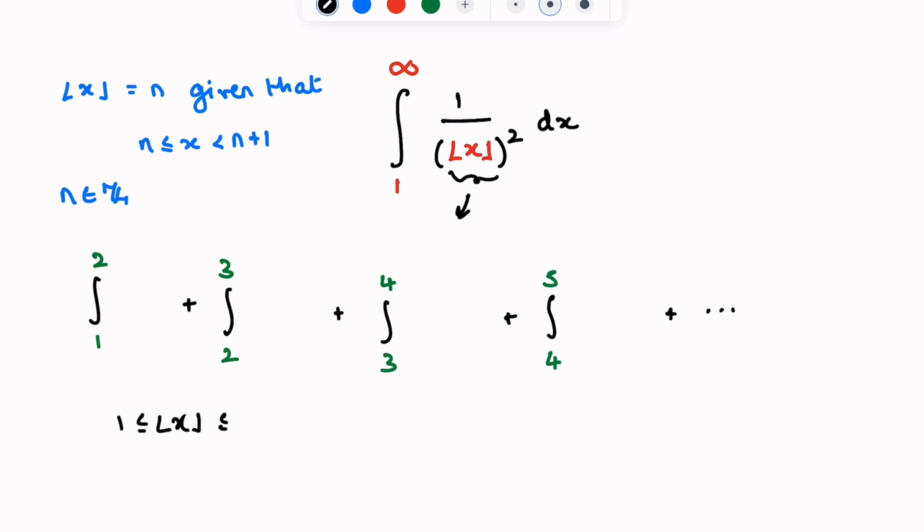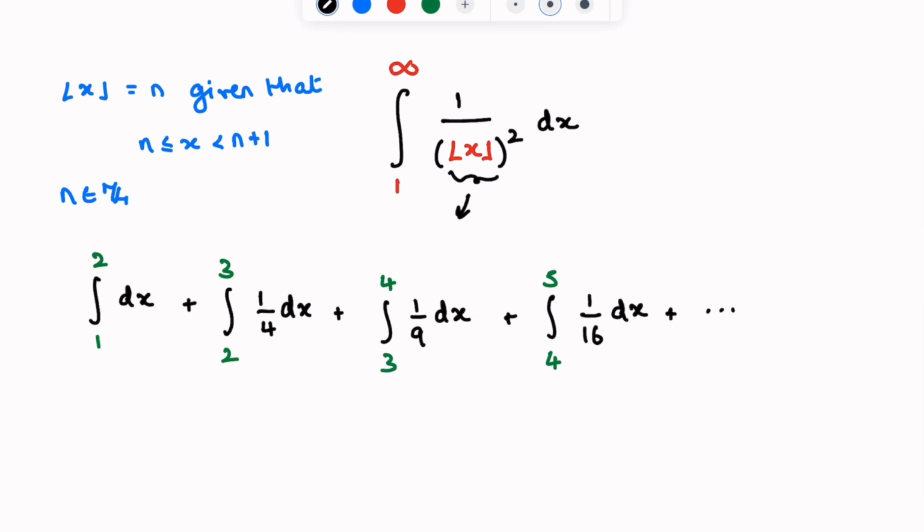So it's pretty much just going to be equal to 1 in this case, so all we're doing is dx. And then in this integral here, it's just going to be equal to 2, so we have a quarter dx. Then it's going to be equal to 1 over 3 squared, which is a 9th dx. And then 1 over 4 squared, so a 16th dx, and so on and so forth.